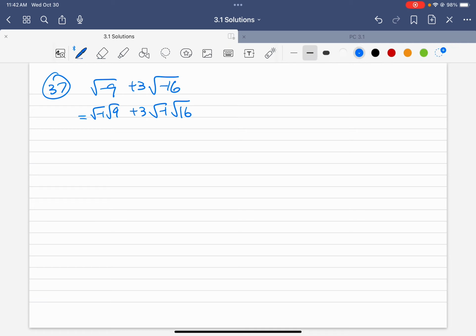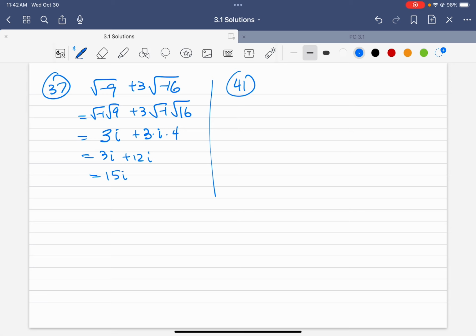The square root of negative 1 right here is just i. The square root of 9 is just 3, so that's 3i. And this is 3 times i times 4. So we have 3i plus 12i, which is 15i for number 37.